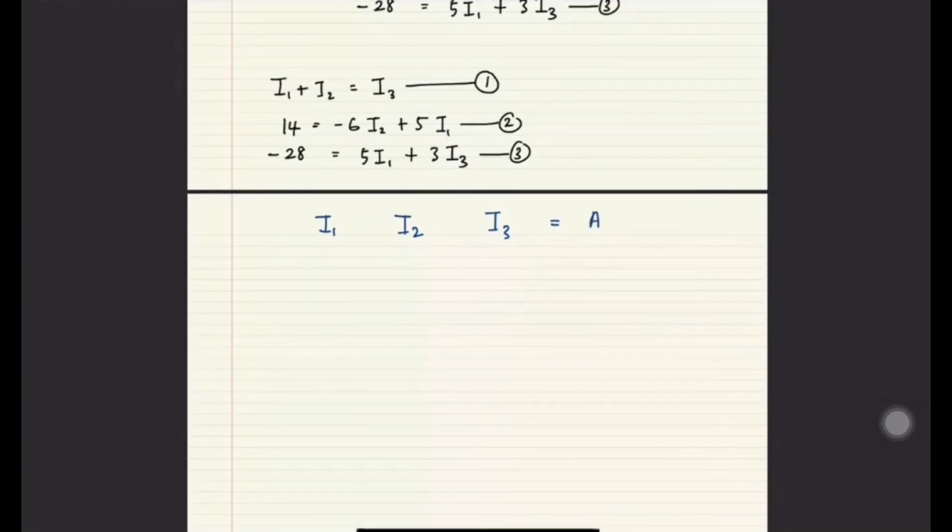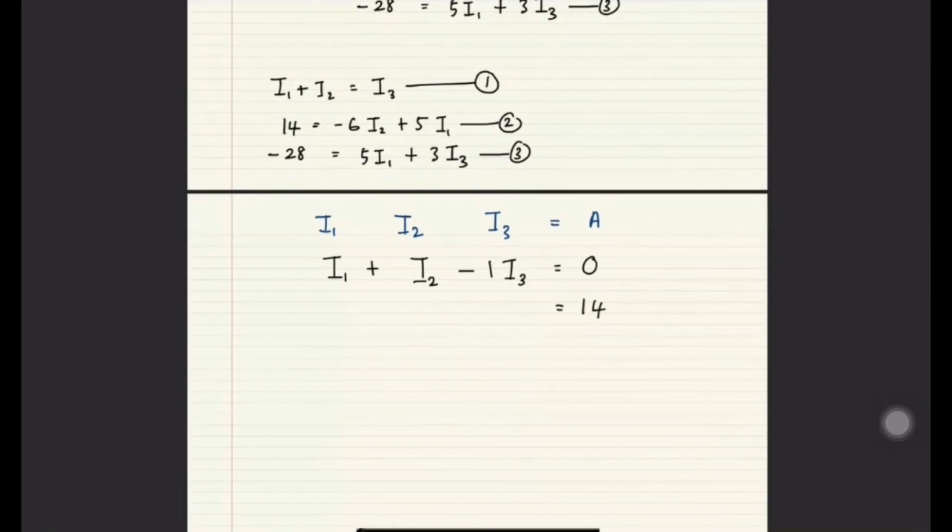Saya A contohnya. Okay, so basically kalau yang equation 1 tu saya rearrange, dia jadi 1I1 tambah 1I2, I3 tu belah kanan, so saya bawa ke kiri, tolak 1I3. Satu tu tak perlu tulis, saya tulis sebab takut tertinggal nak tekan nanti. So A ni sama dengan kosong lah untuk equation 1. Kalau untuk equation 2, A tu adalah 14.